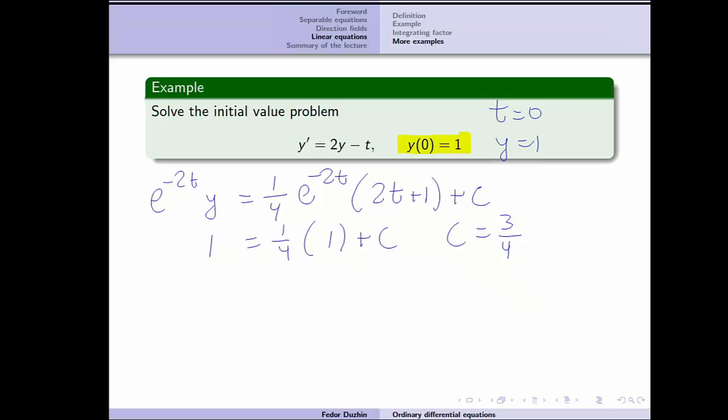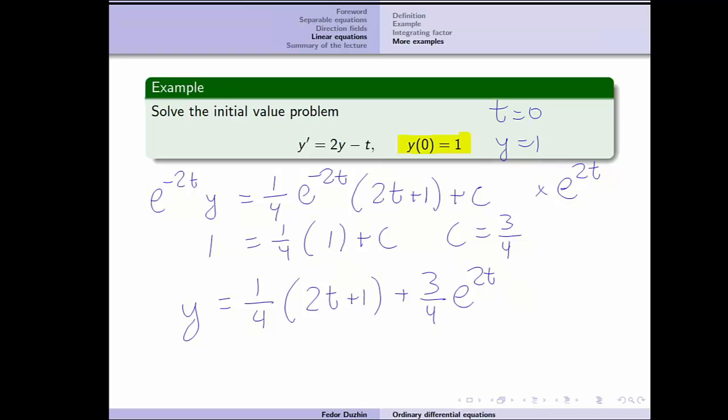Okay, and also we need to multiply this whole thing by e to the 2t so that it would cancel out, so to solve for y. Alright, so then y equals 1/4, e to the minus 2t cancels out, times 2t plus 1 plus constant, which is 3/4, and then we get e to the 2t.